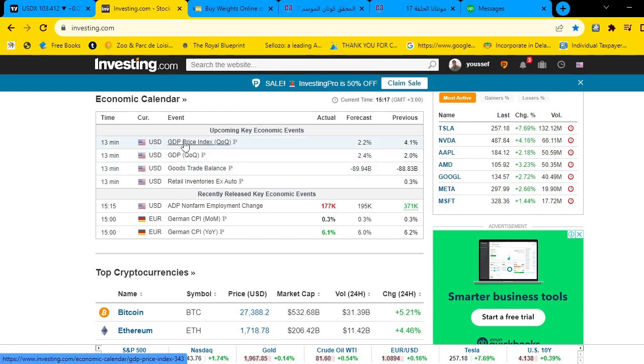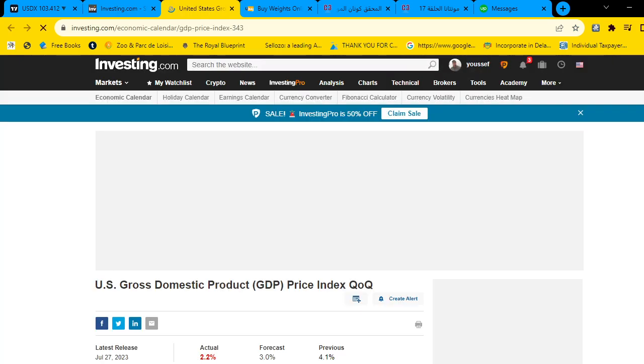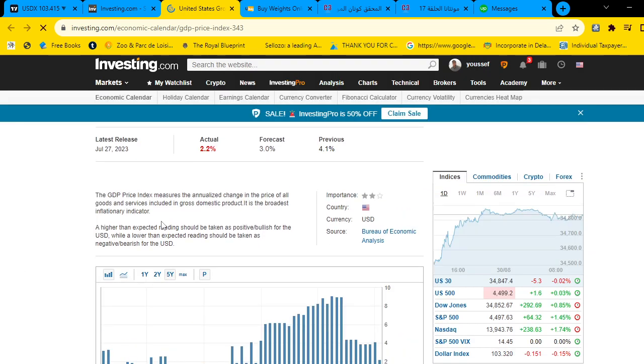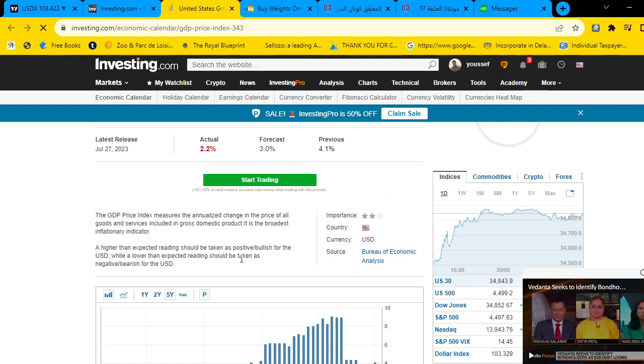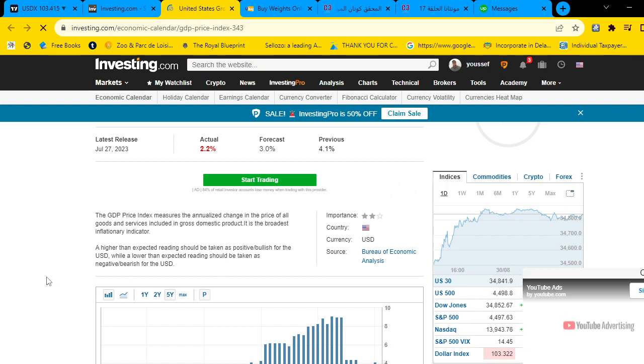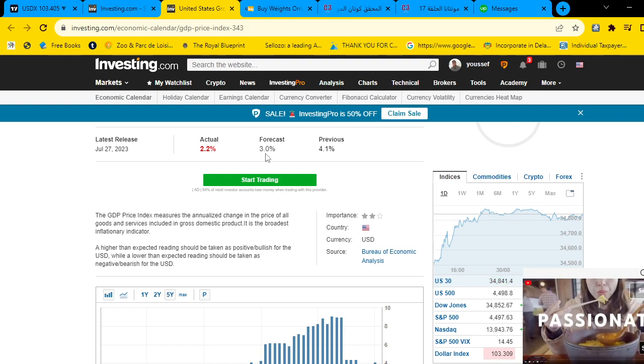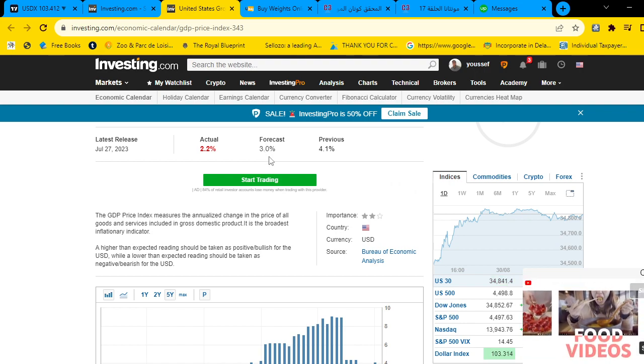Normally, the higher the number is, the better it is for the US dollar. Higher than expected reading should be taken as positive, bullish for the USD. And here we have also another forecast number, 3.